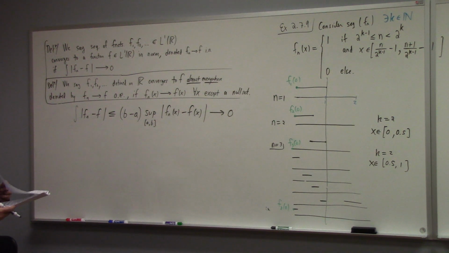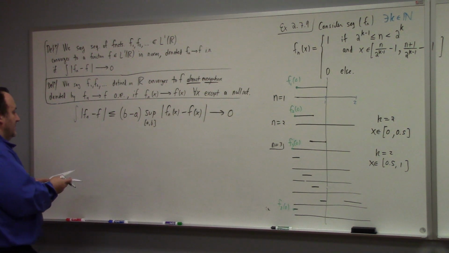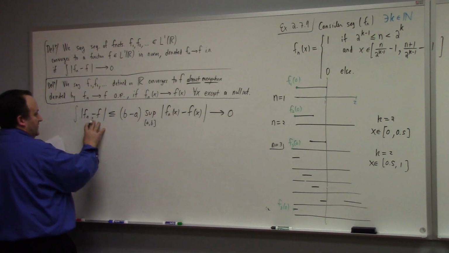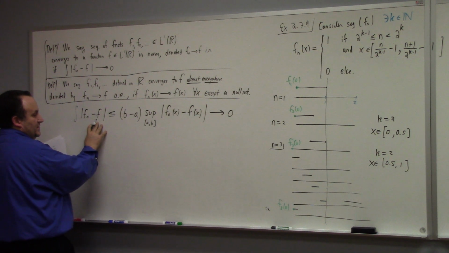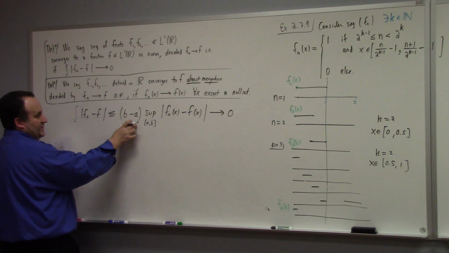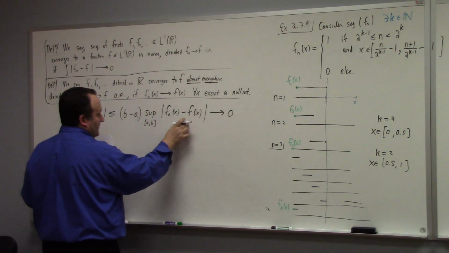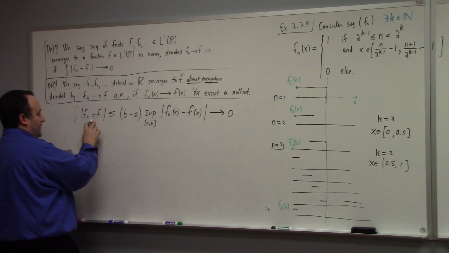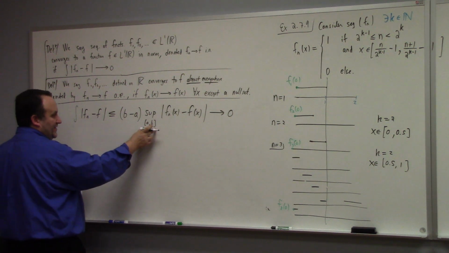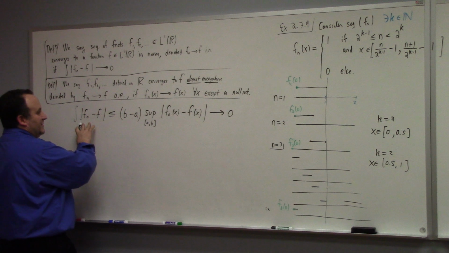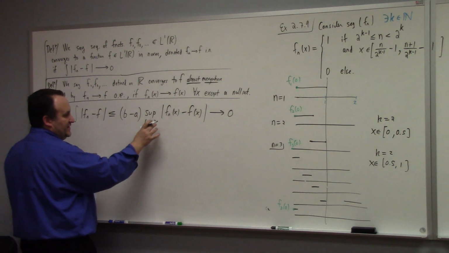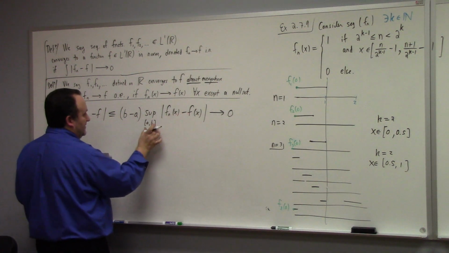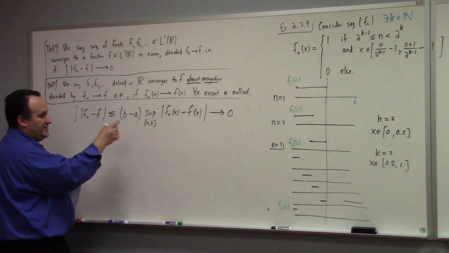In particular, we have this estimate: the integral of the difference is less than b minus a times the supremum. That makes sense. The functions vanish outside the interval a to b, so the biggest the integral can be is essentially the maximum of the difference of these functions over that interval times the length of the interval.